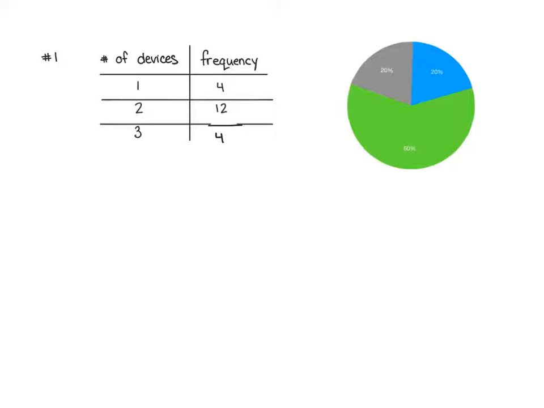This gray section represents the number of students who have 1 device at home. The green section is the number of students that have 2 devices. And the number in blue is for 3 devices.